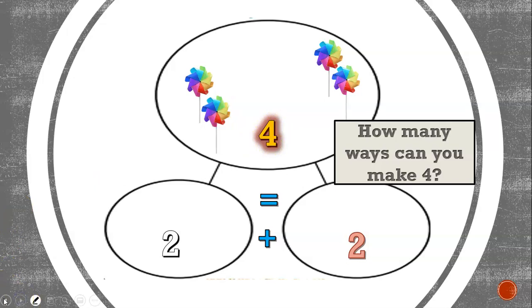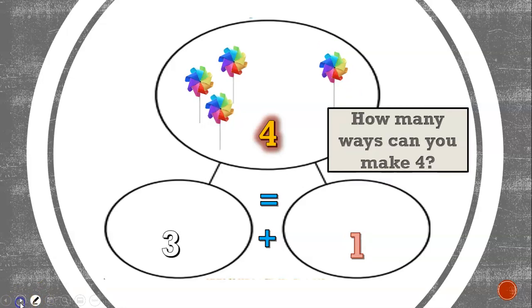Now I need to ask myself the fabulous question. Is there another way for me to make 4? I think there is. Let's see. What do you think? Well, look at that. There is another way to make 4. I can have 3 pinwheels, 1, 2, 3, plus 1 pinwheel, and I have 4.